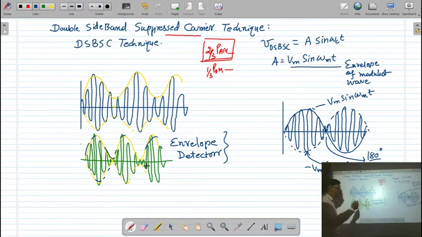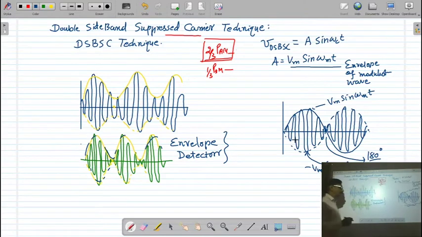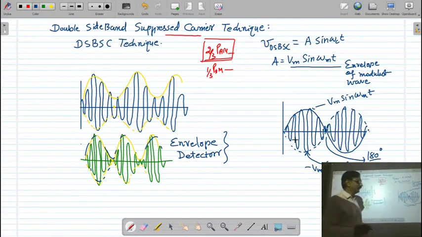Instead of using an envelope detector, we have to use some other type of detector circuit. It is not in your syllabus, so we are not discussing that type of detector. But you should remember, here in the DSBSC wave, we cannot use an envelope detector. The more complicated circuits are there.